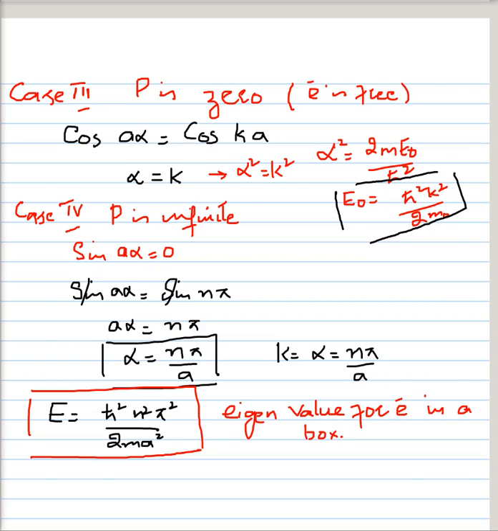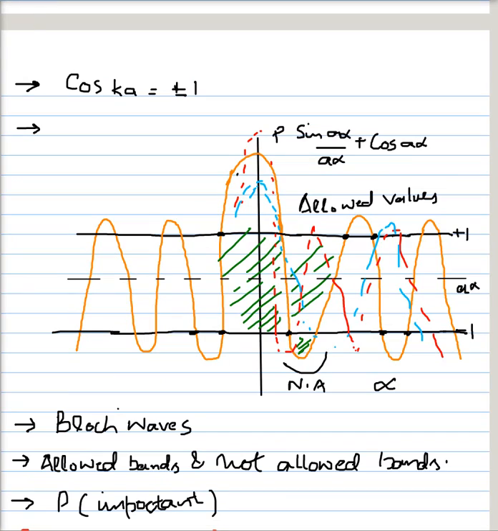Now since we know that k is equivalent to alpha is equivalent to n pi upon a, let us try to label the above equation. I'll use a finer pen here. So this is for k equals 0. This is for k equals n pi upon a, that is for n equals 1. So these two values will be for pi upon a, and these two will be for 2 pi upon a.